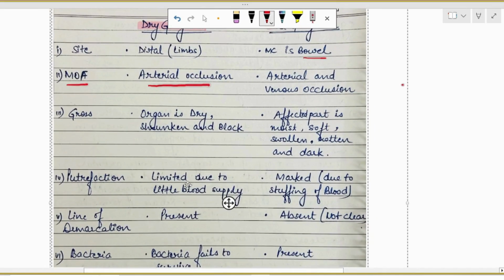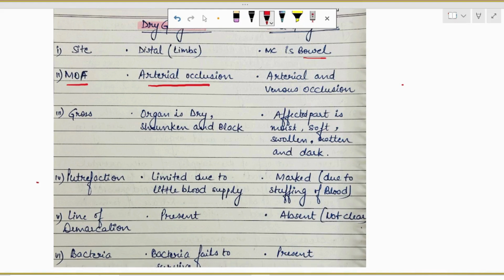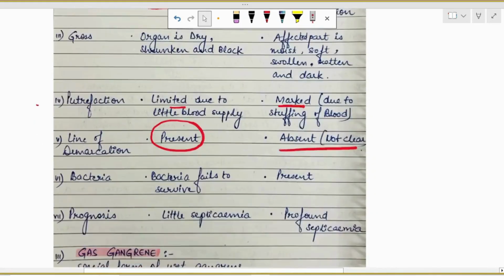Putrefaction is limited in dry gangrene because only the arterial supply is affected. In wet gangrene, putrefaction will be marked because there would be stasis or stuffing of the blood, as both arterial and venous occlusion happen. A line of demarcation will be present in dry gangrene and absent in wet gangrene; it will not be clear, everything would be diffuse.